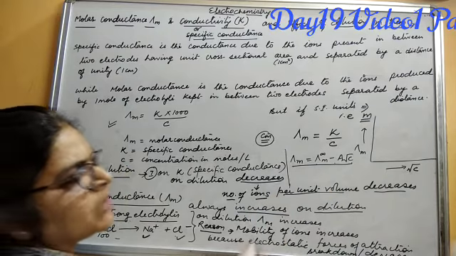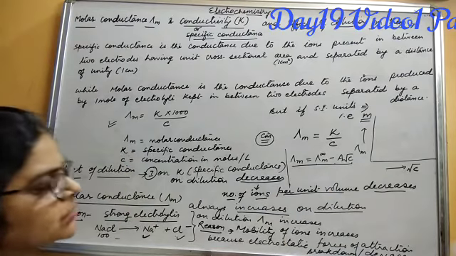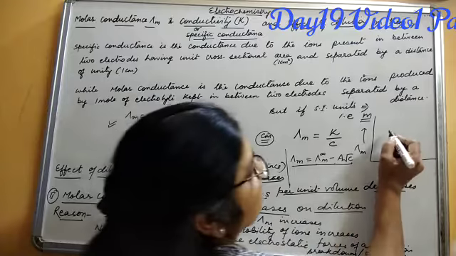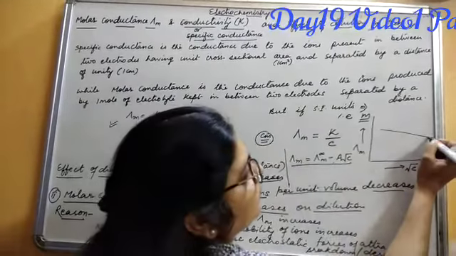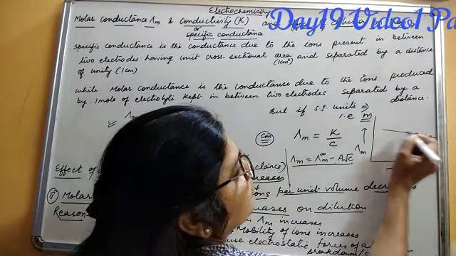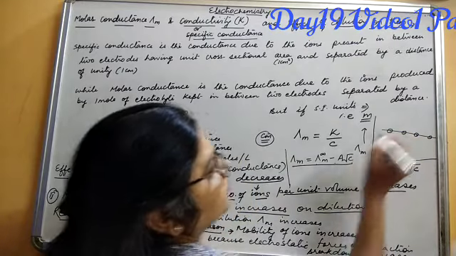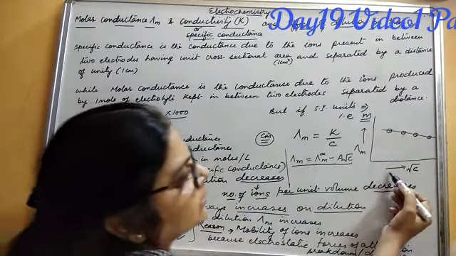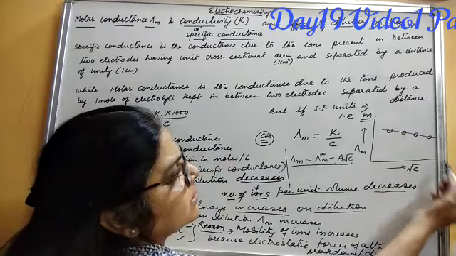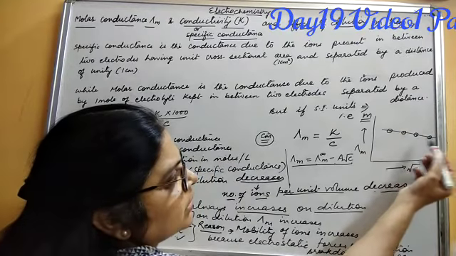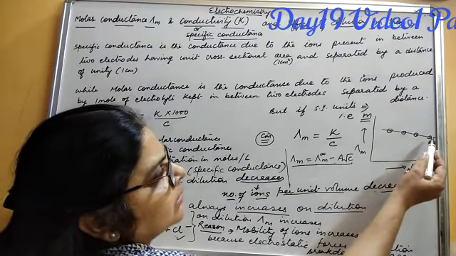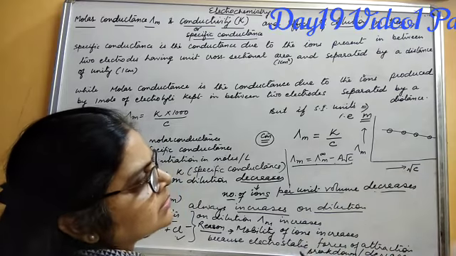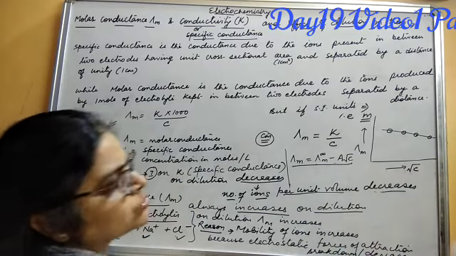So here the graph for a strong electrolyte will come in this way. There is a very gentle slope. Here the concentration is increasing, so with decreasing concentration or increasing dilution, this graph will come showing an increase in molar conductance, but that increase is not so much.